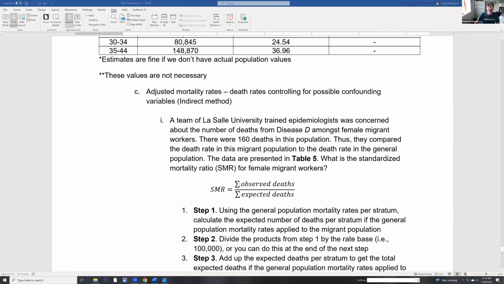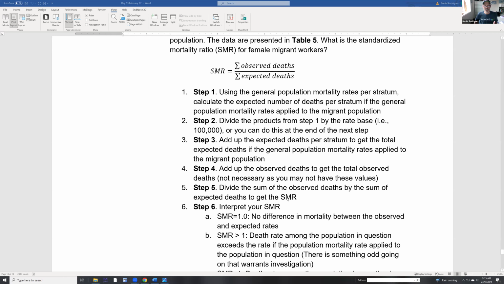So standardized mortality ratio is the ratio of observed deaths to deaths expected. And again, these are based on the population mortality rates. So what would we expect the deaths to be? And is there a difference? And we look for a difference in terms of the relation to 1.